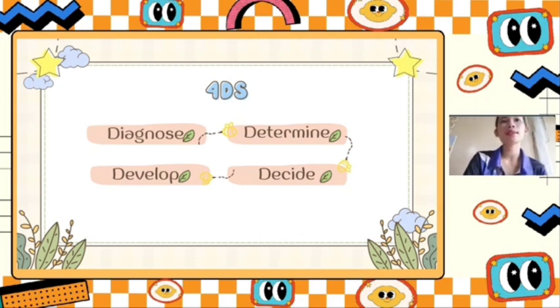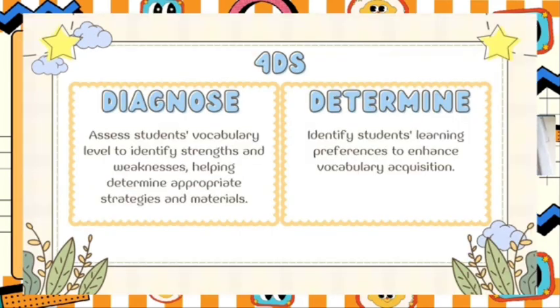So, this is the 4Ds. This is how it goes. First, you have to diagnose or assess your students' strengths and weaknesses so that you'll be able to identify what materials could meet their needs. This can be done through diagnostic tests, as the name suggests, and vocabulary quizzes or sentence construction activities.